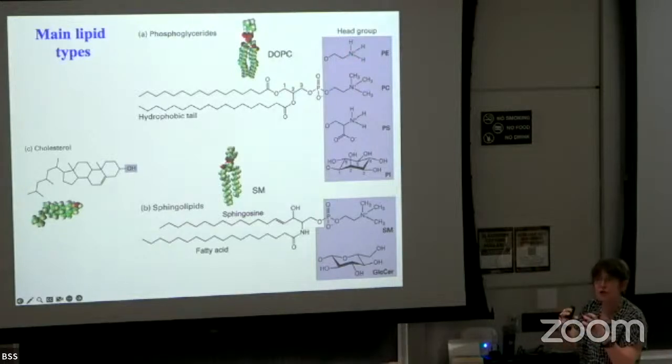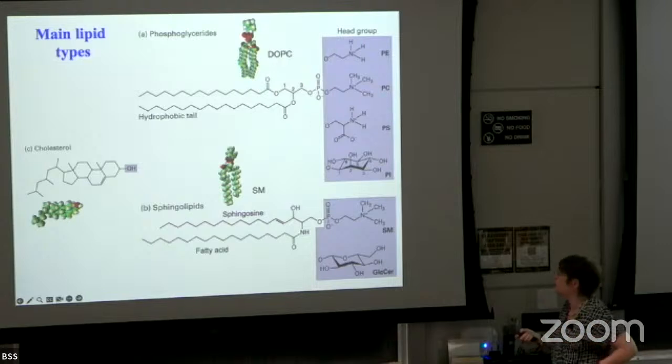So this one will have a smaller shape parameter, as Marcus was introducing. That's one type. And you can also have lipids which are negatively charged, like phosphatidylserine, or even more complex lipids. But in vivo, there are no positively charged lipids. All the lipids are either neutral, zwitterionic or negatively charged.